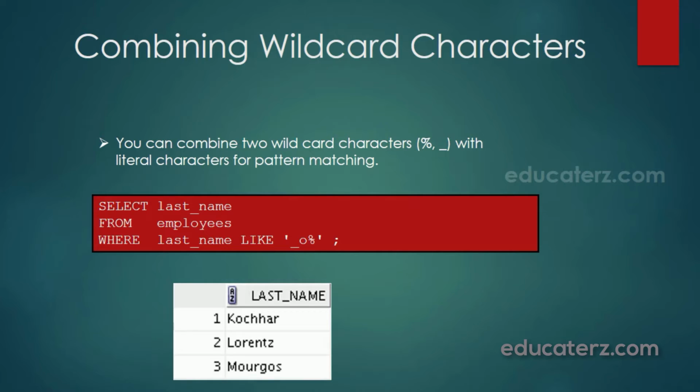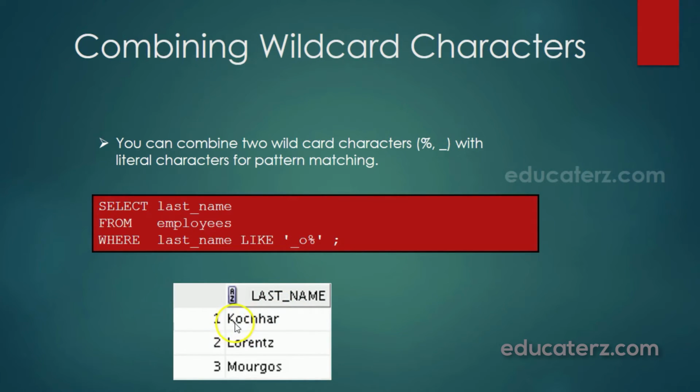This example retrieves all the last names of employees whose name contains the second character as small o. The first character can be anything, then the second character is small o, and any number of characters after that. We use underscore, o, and percentage. So if you see the result, you will understand.